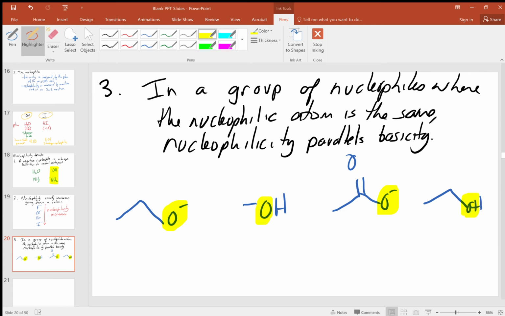Because it's oxygen in every single case, the nucleophilicity and basicity will parallel each other. And so we can look at the pKa's of the conjugate acids.